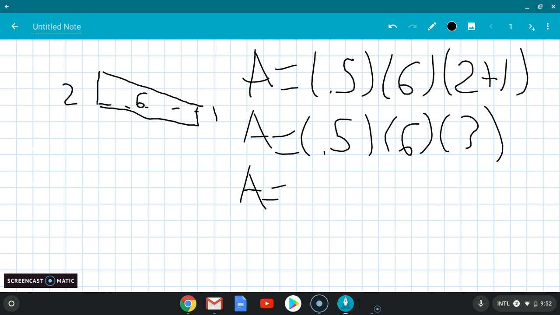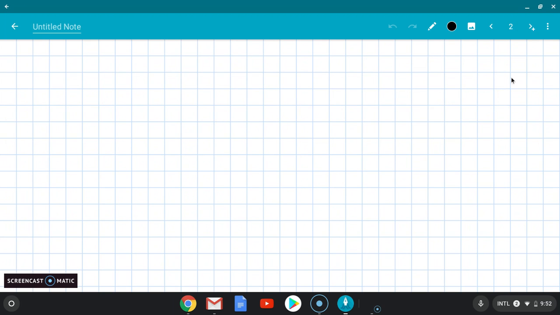And then we could go ahead and multiply 0.5 times 6 times 3. And we're going to get 9. Okay, and we're not given centimeters or inches or yards or anything like that. So we're just going to put a U for units, this generic term, squared.